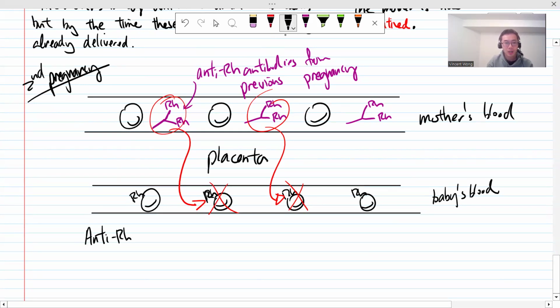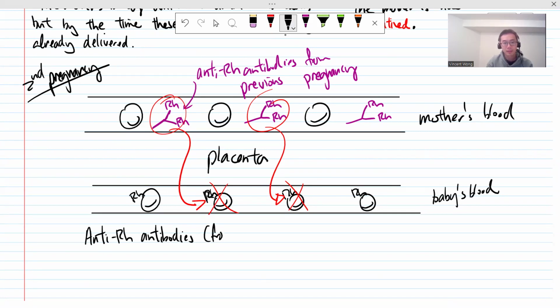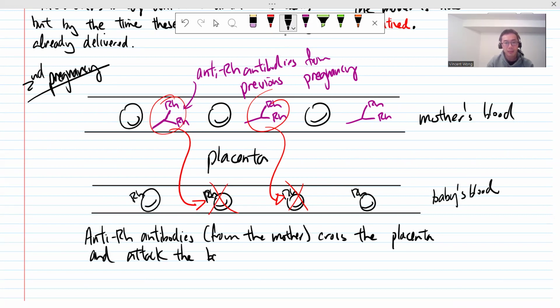So anti-Rh antibodies from the mother cross the placenta and attack the baby's Rh positive RBCs.